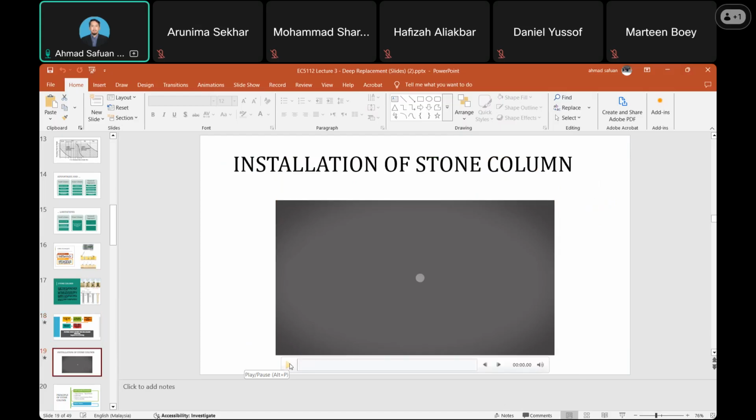So this is the installation of the stone column. We have seen it before. I'm not sure whether this is a new one or the same as we have seen before.